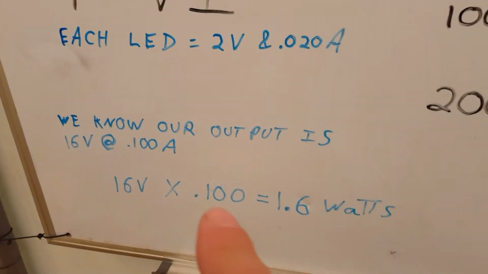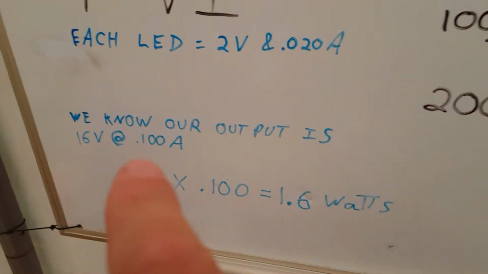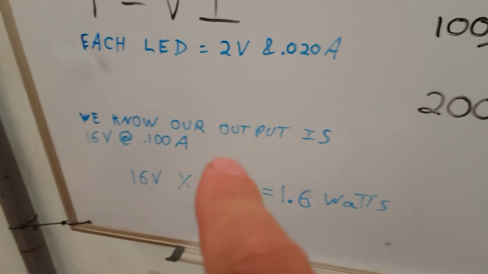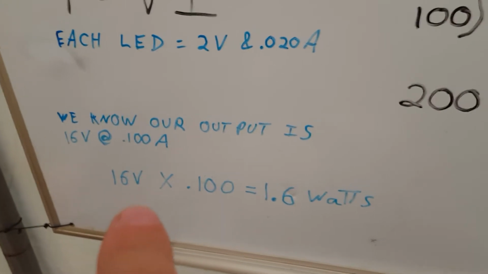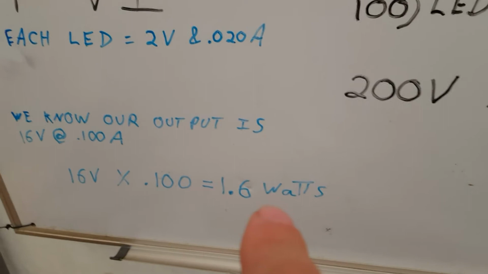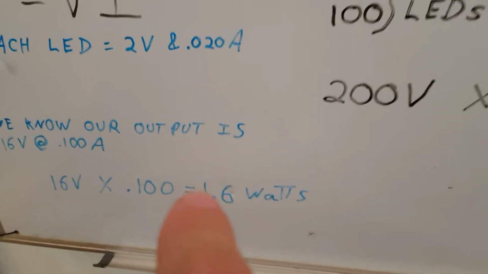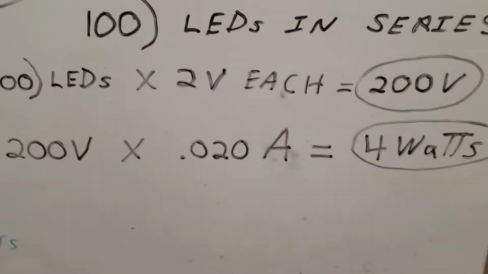Now we know in our frequency generator we have an output of 16 volts, and we know that the maximum our frequency generator can put out is 0.1 amp. So 16 volts times 0.1 equals 1.6 watts. So that's what we're putting in, maximum. It could be lower, but that's a maximum.